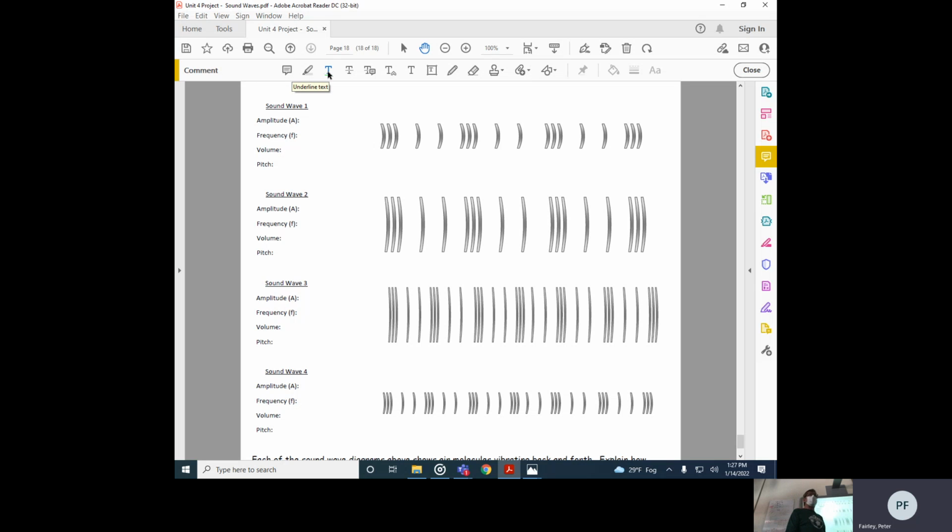So if you look at this last page, do you see there's 4 different sound waves on here? Right? Some of them are tall, some of them are small. Do you also notice that some of them have a lot more lines in them than others? Yeah. So on here, tell me which 2 are the quiet waves?